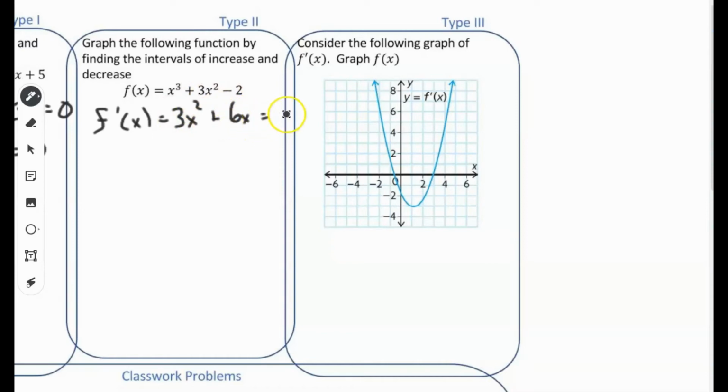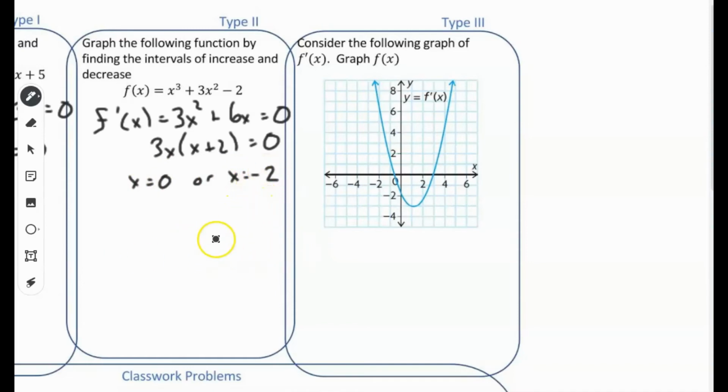And we're going to set that equal to 0 and solve for those horizontal tangents. So we can pull out a 3x, and that would be all times x plus 2, which equals 0. So we have two solutions, x equals 0, or x equals -2.